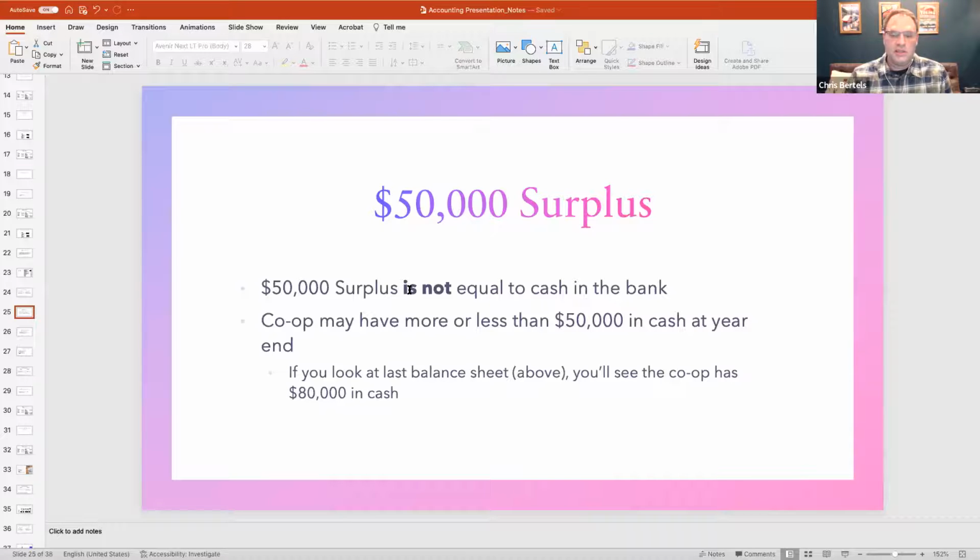It's a very important concept to understand. You might get a $50,000 surplus, and there's much less than $50,000 in the bank. If we scroll back up, we will see on the balance sheet that there's actually $80,000 in cash, which is obviously different than the $50,000 surplus. So the main point is this: just because you have a surplus, that does not mean the cash balance should be exactly the same.